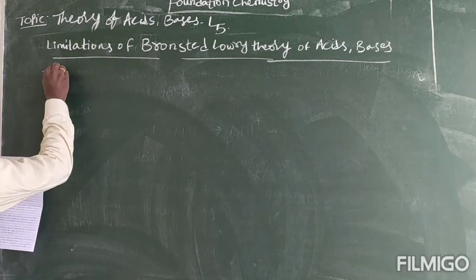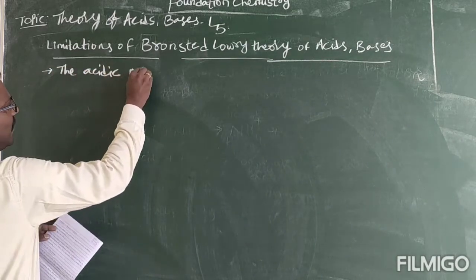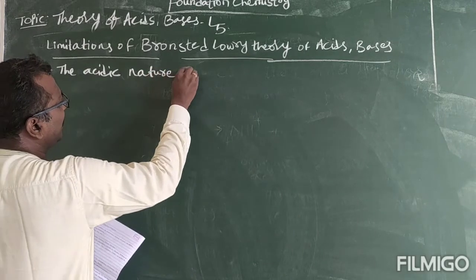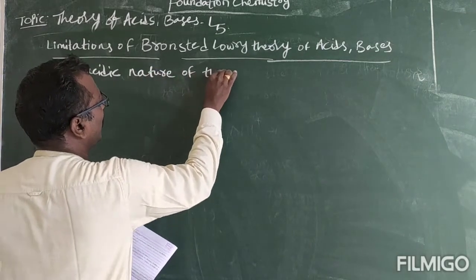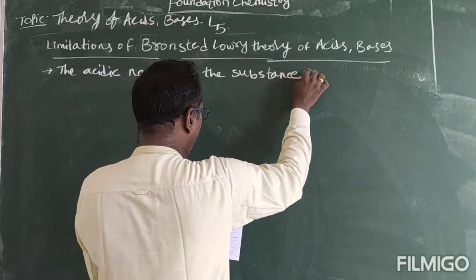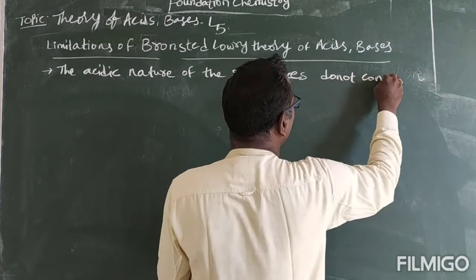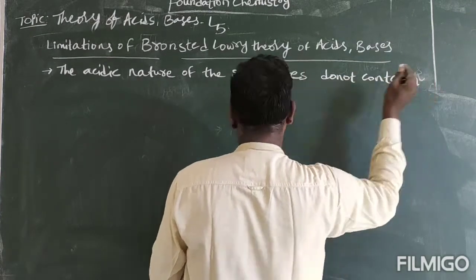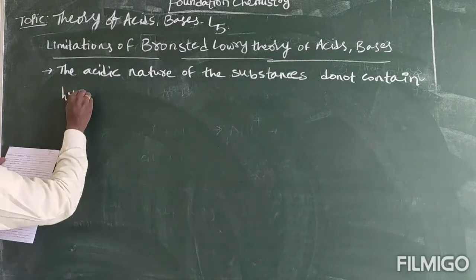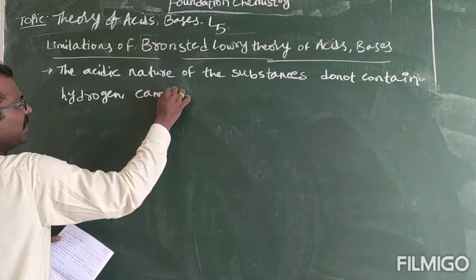First thing is the acidic nature of the substance. The acidic nature of the substance that does not contain hydrogen cannot be explained by this theory.